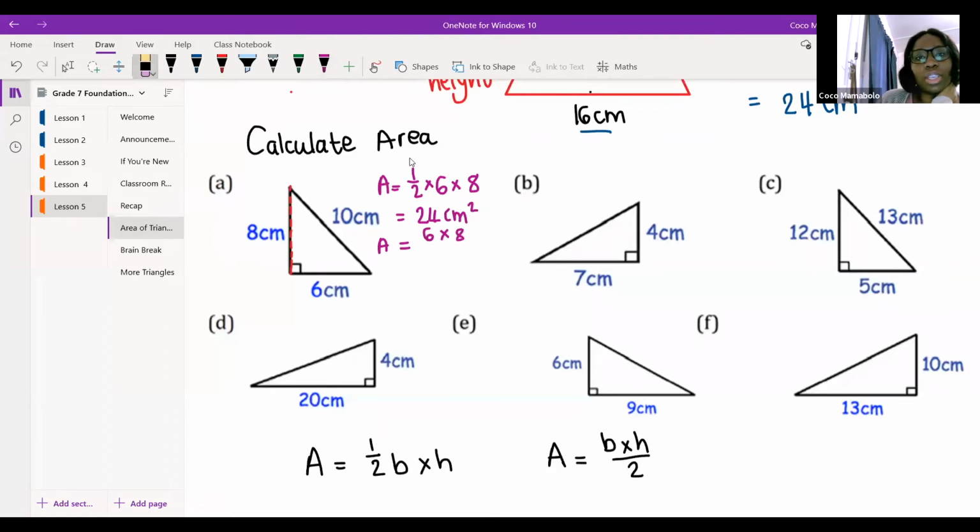Okay, I'll do this. I'm going to write my new method in purple, and I'm going to write the other method in blue. So A is equal to 6 times 8 divided by 2. Therefore, area is equal to 24 centimeters squared.